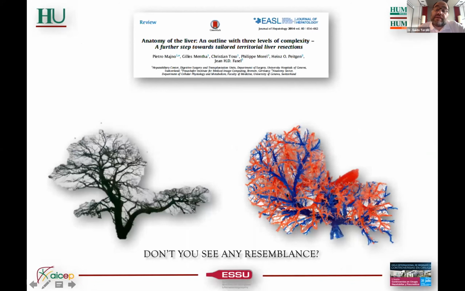And the liver is a little bit more complex because in reality it is two trees together, fused with the vascular skeleton of the inflow and the outflow. But anyhow, there is a resemblance. And once you have to face complexity, this resemblance may inspire you to a solution.